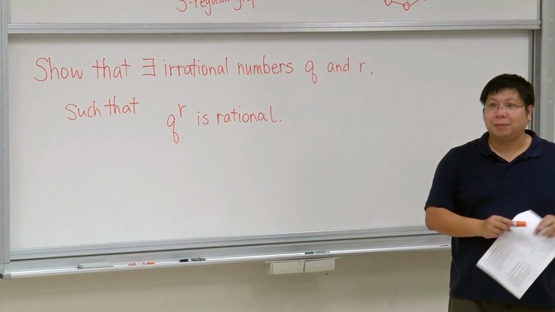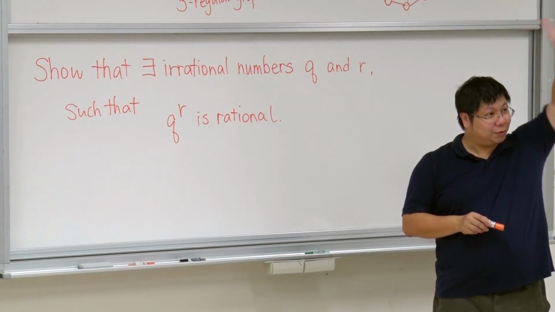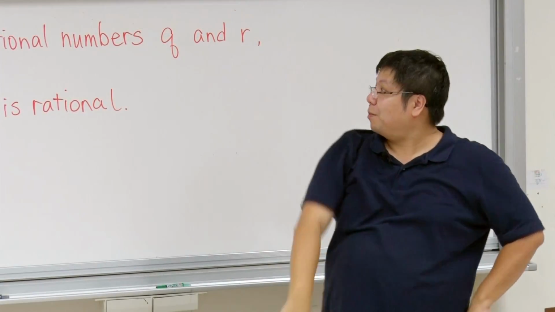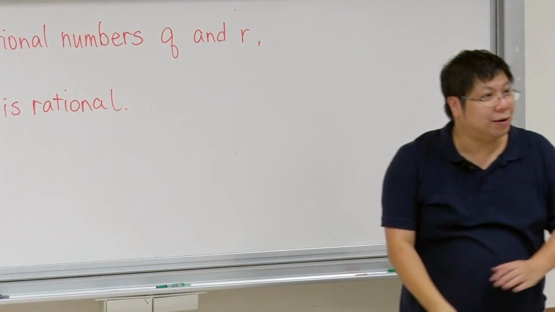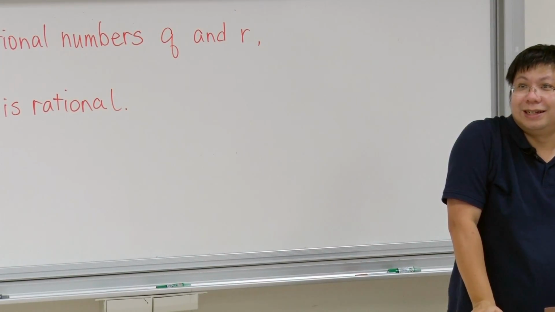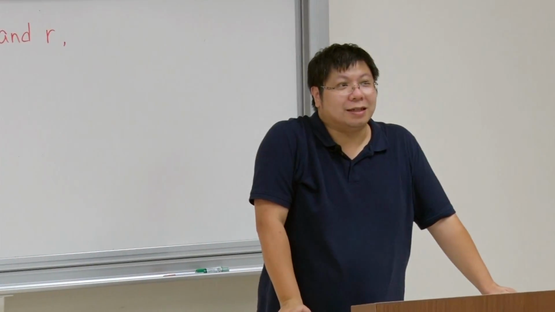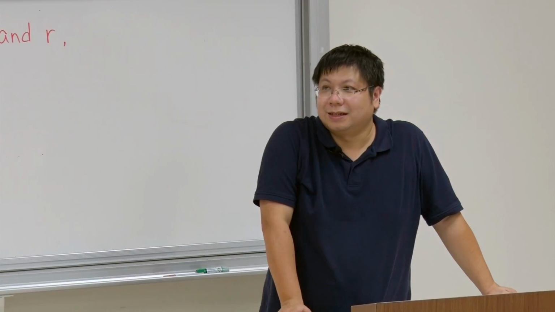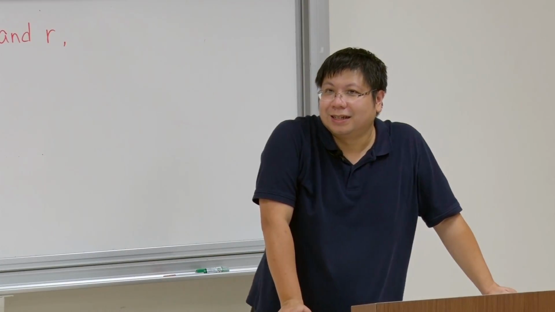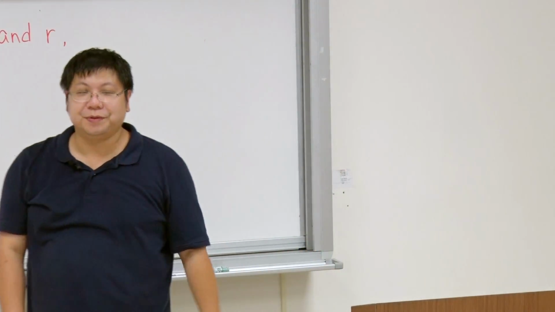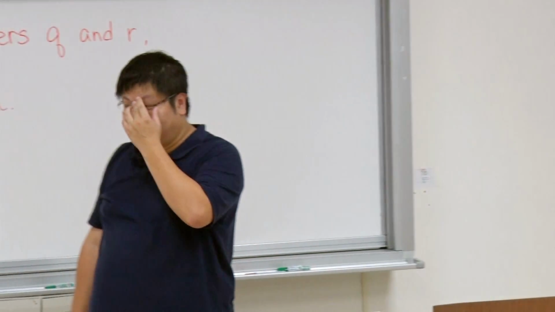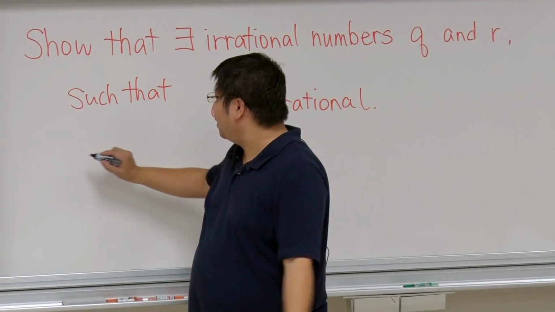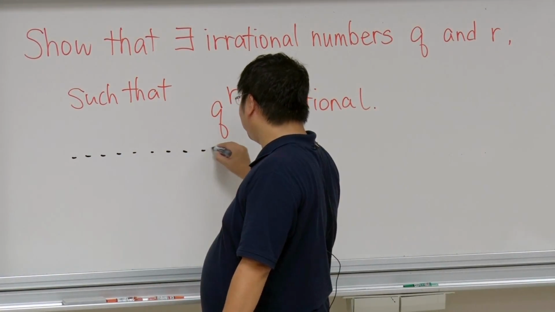Wow, amazing, right? You have an irrational number, you have another irrational number, but somehow Q to the power R is rational. I think this is quite amazing. There are 2 proofs. One is non-constructive, which I will show first, and then let's see another way, which is constructive.